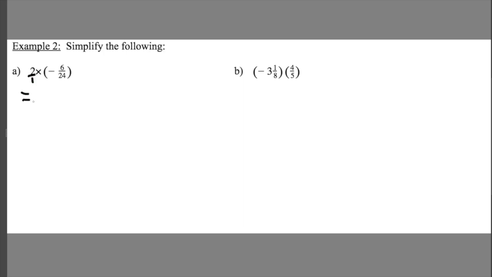So if you have 2 over 1, so 2 times negative 6, so this would give you negative 8, and over 24, because 1 times 24 is 24, and then you can actually reduce this, because you can divide it by 8, so this would be negative 1, 8 divided by 24 should give you 3.